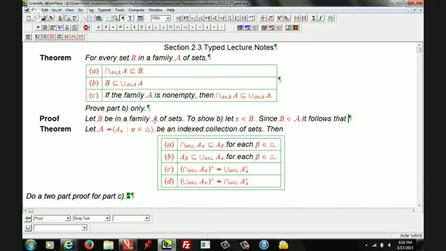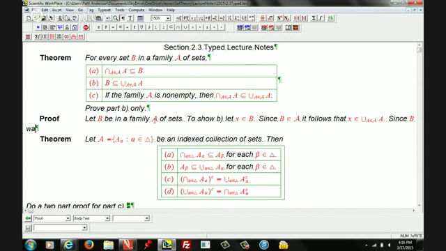X has to be in the union of all the A's. Now, since X element of B was arbitrary, what can I conclude?